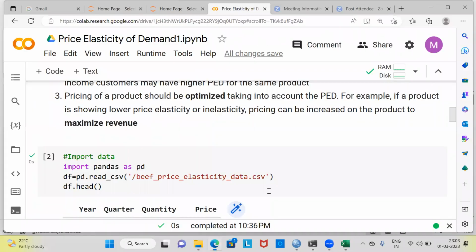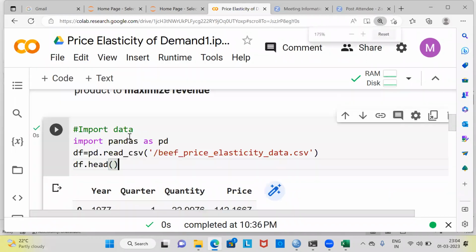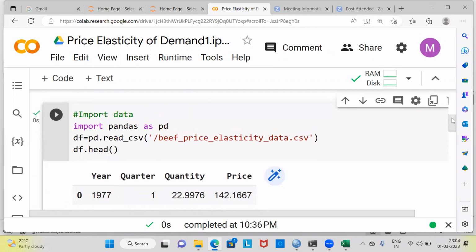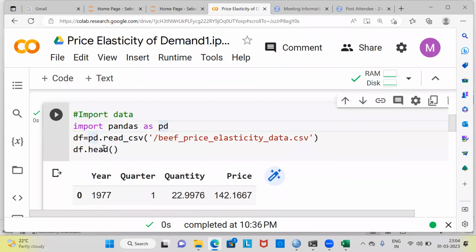Let me come back to Google Colab. In the first step, as you can clearly see here, what I'm doing is to import the data. Typically, how do we import data? You can load the pandas library. Within pandas, there's an interesting function which is called pd.read_csv.